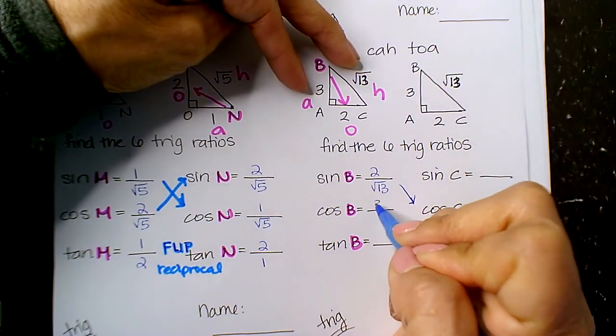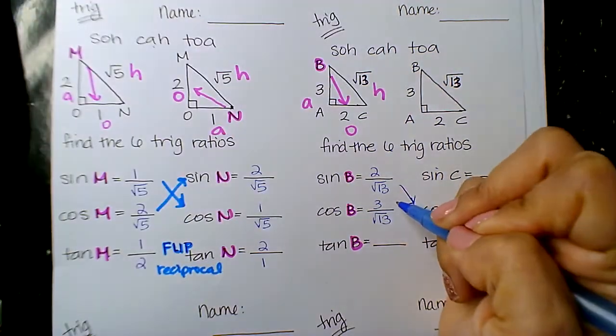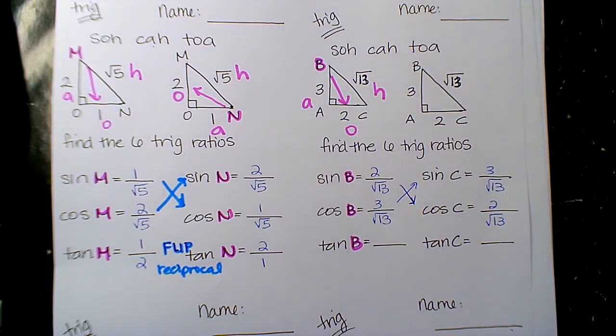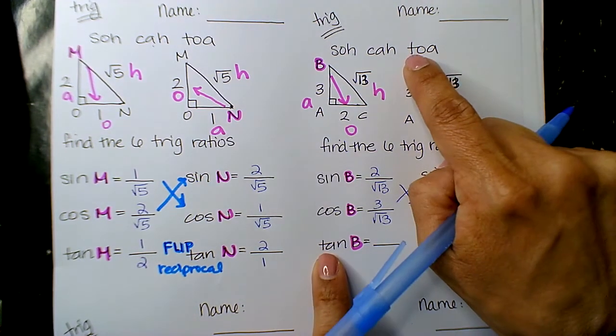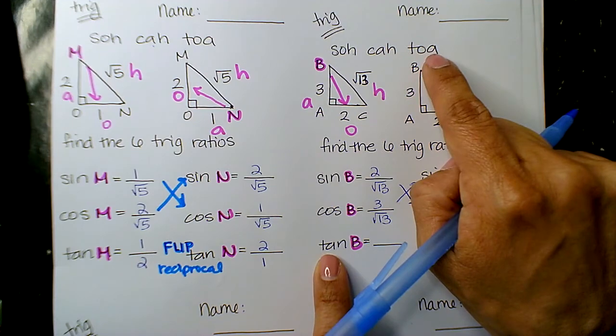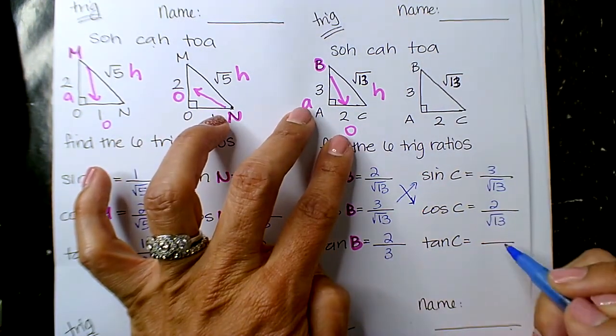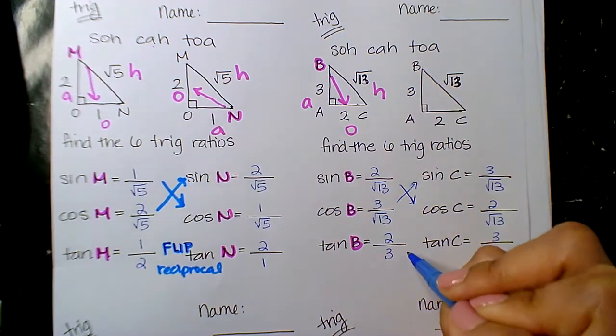So that's 3 over rad 13. And then TOA, the trig function tan, is opposite over adjacent, 2/3. And so reciprocal it or flip it.